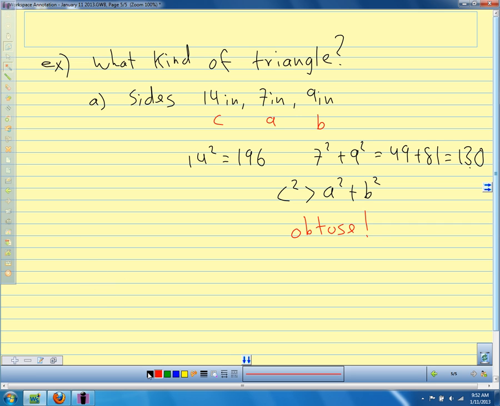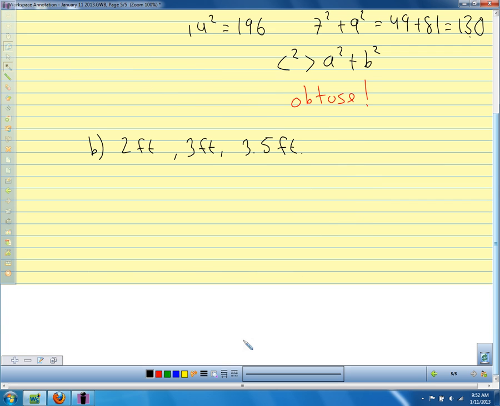Okay, one last example, and then we'll talk about our picture here on the front. So we have sides 2 feet, 3 feet, and 3.5 feet. Which side is going to be C here? The biggest side has to be C, so it has to be 3.5. I'll call that one A, that one B. These two I can put in either order.